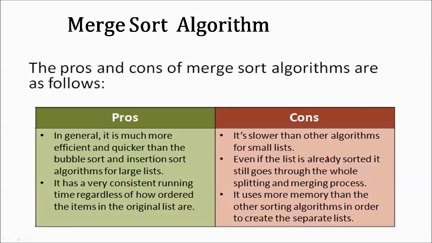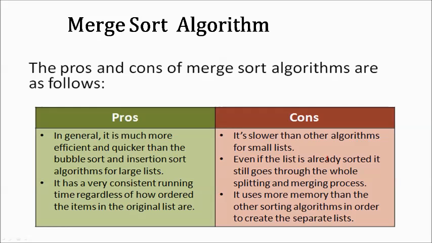So there are pros and cons of merge sort algorithms. Pros, in general, it is much more efficient and quicker than the bubble sort and insertion sort algorithms for large lists. It has a very consistent running time regardless of how ordered the items in the original list are.